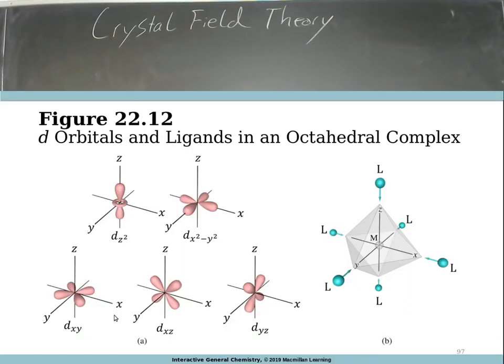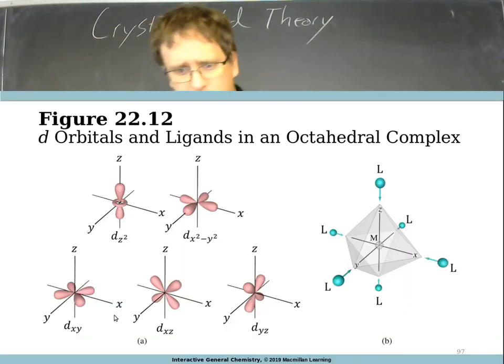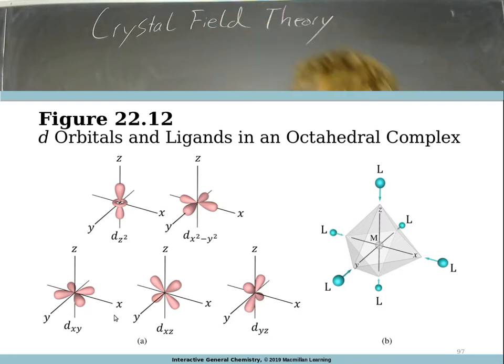So let's first consider a compound in octahedral geometry. You see here on the right the metal cation with its 6 ligands arranged in an octahedral geometry. Then on the left you see the d orbitals, and they all have names. You again may have not paid too much attention to these, but the dz squared orbital is the one that's a dumbbell with a hula hoop.